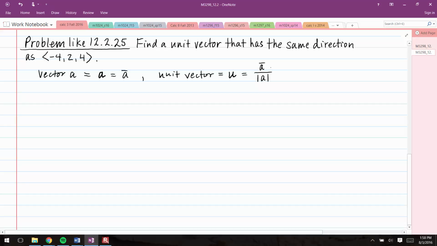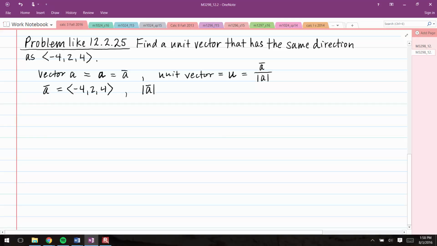Notice the ingredients we have are our vector A, which in our problem is -4, 2, 4. And so that's no problem whatsoever, it's just given. But the magnitude of A is something that we need to find. So before we get into that formula, let's just go ahead and find that.